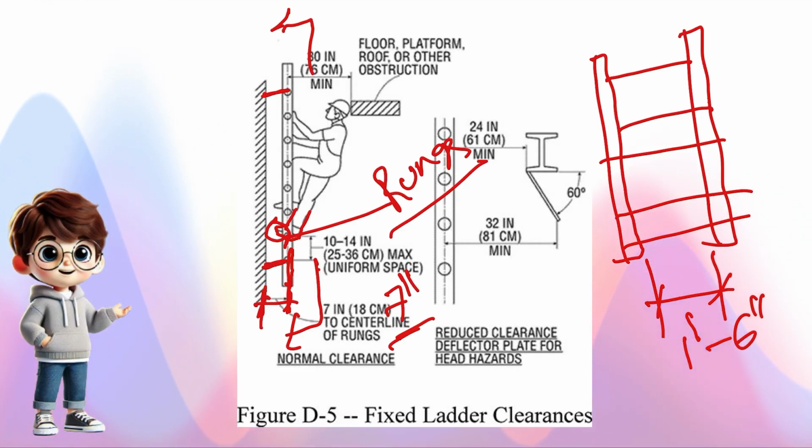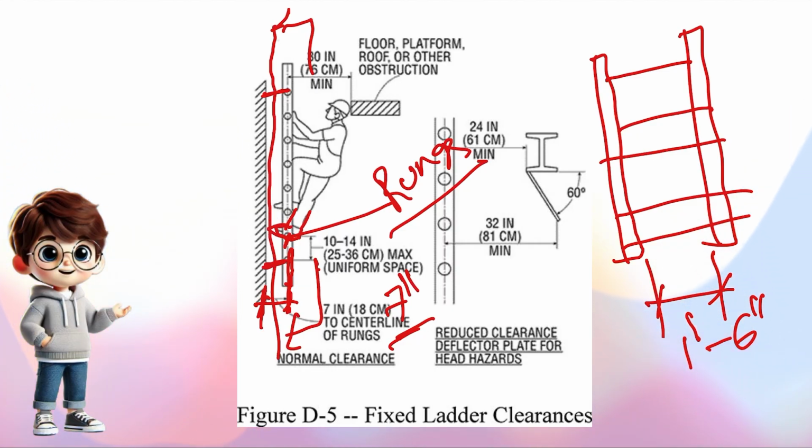So this half of the foot should be placed in this gap. If the gap is less than 7 inches, let's say only 2 inches, then he can't keep his feet properly on the rung while climbing. That's why the gap between the supporting wall surface and the center of the rung should be 7 inches.